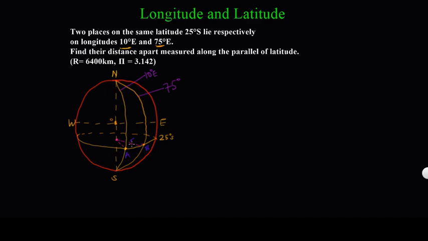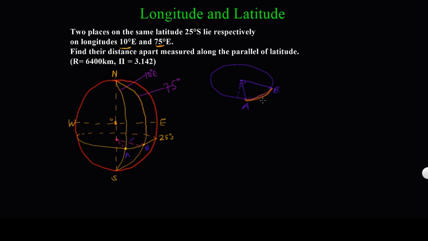So if I redraw this small circle, it looks something like this. If this is the center, and this is what it has with the polar axis, and this one is point A, which is 10 degrees from here, and we have point B, which is 75 degrees from this. So now our interest is to calculate the distance between this A and B along this path. That's the arc.